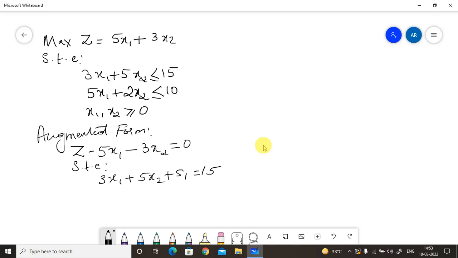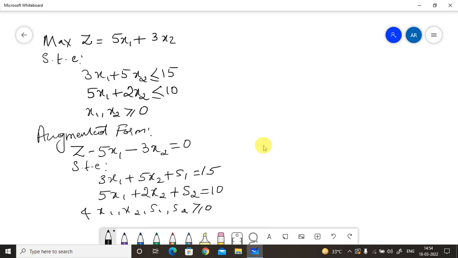Similarly, the second constraint will be 5x1 plus 2x2 plus s2 equals 10, and then x1, x2, s1, s2 are all greater than or equal to 0, right?